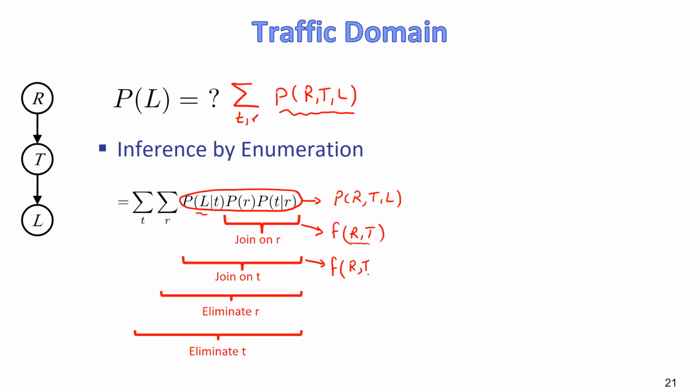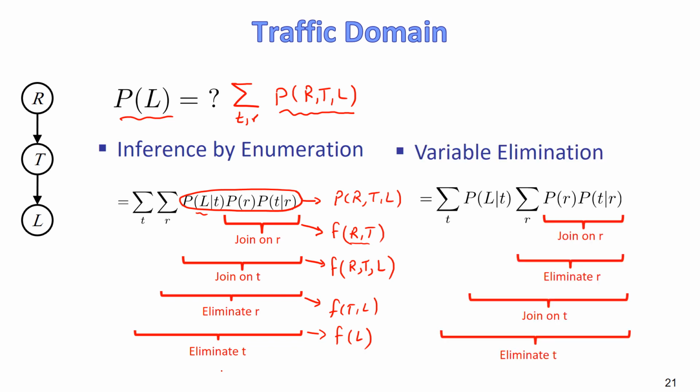So that's R, T, and L. That's the biggest factor. Then we eliminate R. When we eliminate R, we get rid of R, we get F of T and L. And then we eliminate T, we'll get F of L only, which is what we want. That's inference by enumeration. We join on every hidden variable first, and then we eliminate them. Now let's compare that with variable elimination.